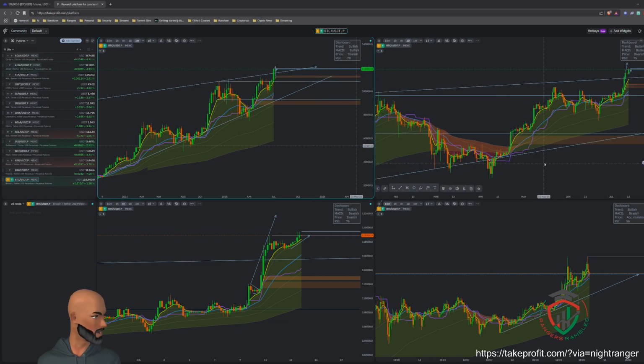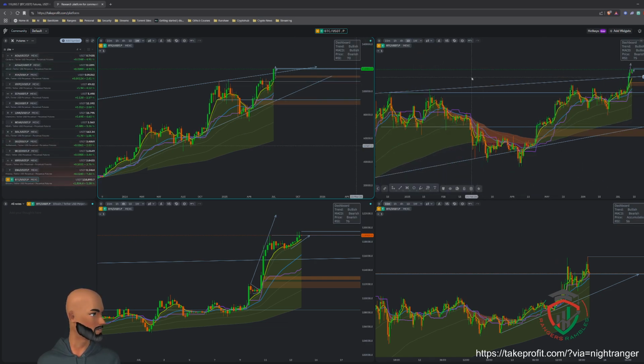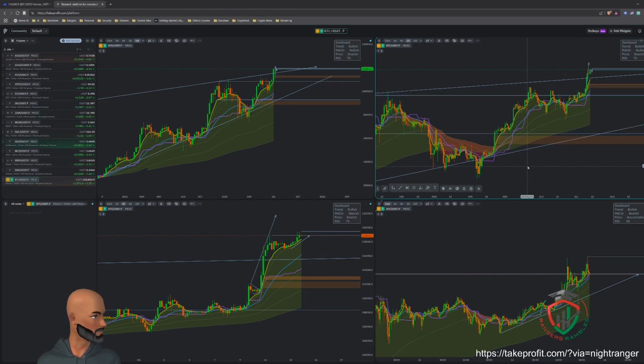I can adjust that to work on the daily. So for example, it would have triggered about here, and probably around here, to be honest. That's a 25% movement, and then again here to where we are now, that's a 13% movement.